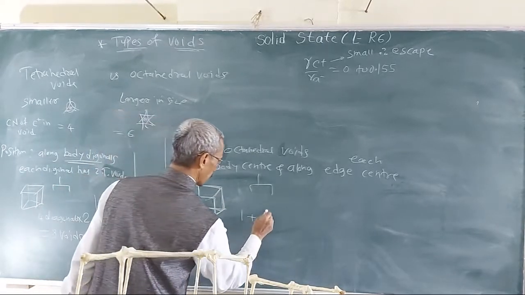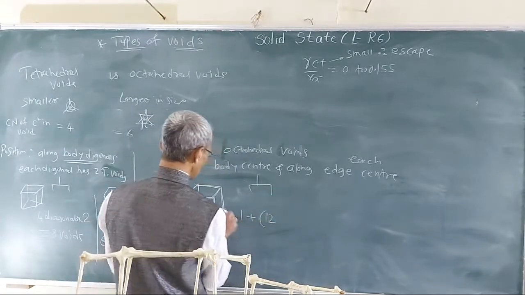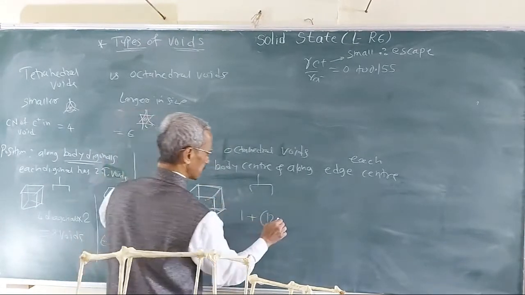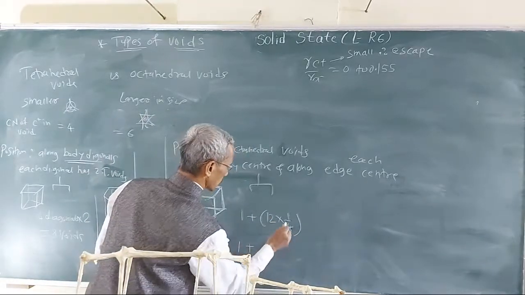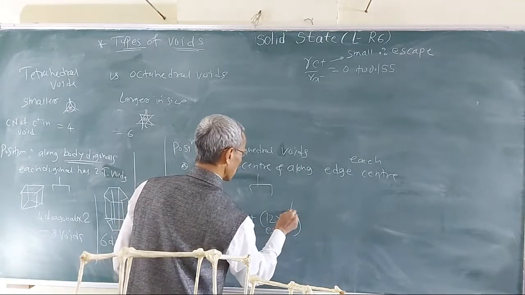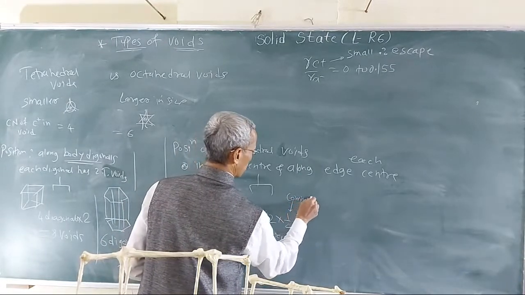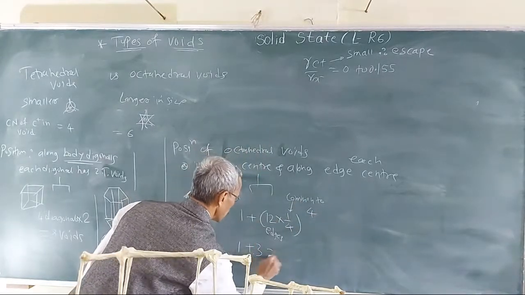So here the 12 edges, and in this case each edge is common to 4. So here 1 plus 12 edges, and this is common to 4, so 3, that is 4.